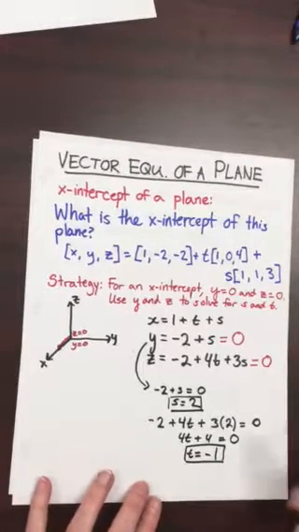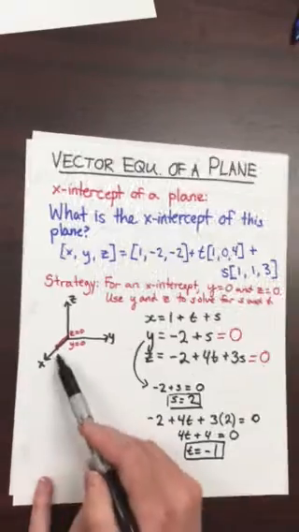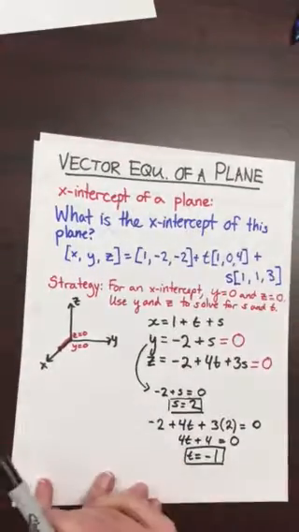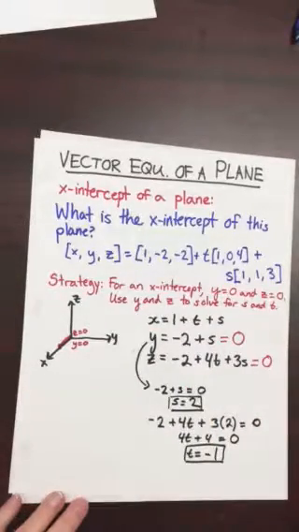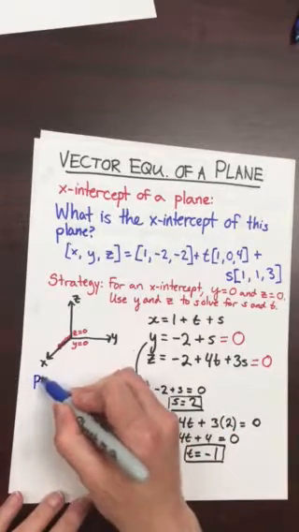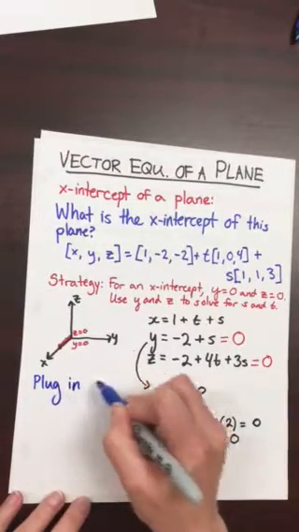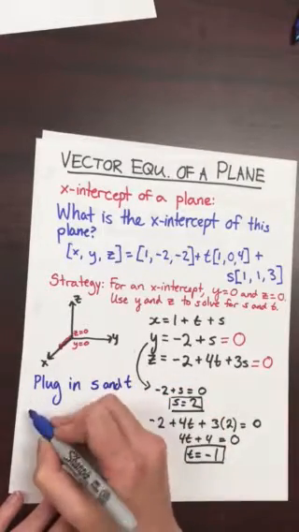But nobody's really interested in s or t. What people are interested in is what is the x-intercept itself? Like, where is that point is what we want to know. So to do that, let's go back to our full plane equation. What we're going to do is plug in s and t into our full plane equation. So what will we get?